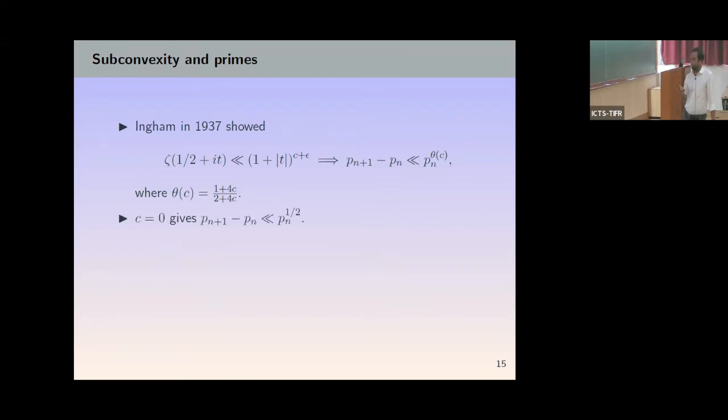For example, if you plug in the value c equal to 0 here, you can show that p_{n+1} minus p_n is bounded by p_n to the power 1/2. But c equal to 0 corresponds to the Lindelöf bound, which is very far. But if you apply various subconvexity bounds, you can get a better approximation of p to the power theta, and so this theta will be smaller, coming towards half.